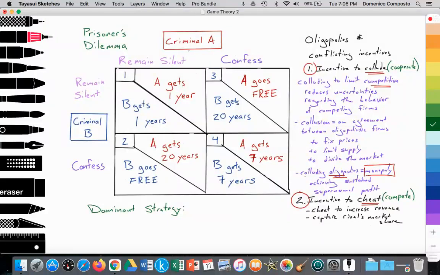Both criminals obviously would try to make an agreement with each other that if they're arrested, they remain silent and do not say anything, because that gives them the best outcome. Here we can see that in box number 1, if criminal A remains silent and criminal B remains silent, they both get just 1 year in prison, which is not potentially so bad.